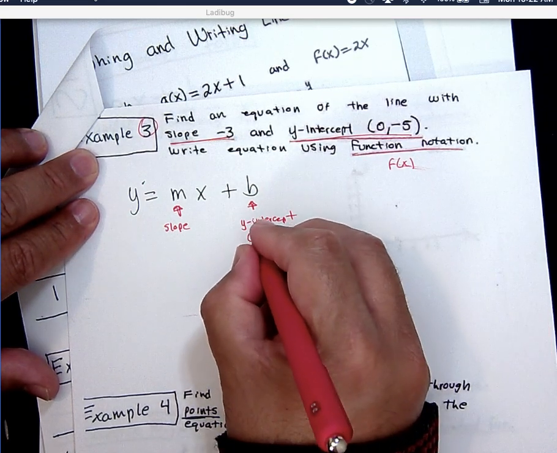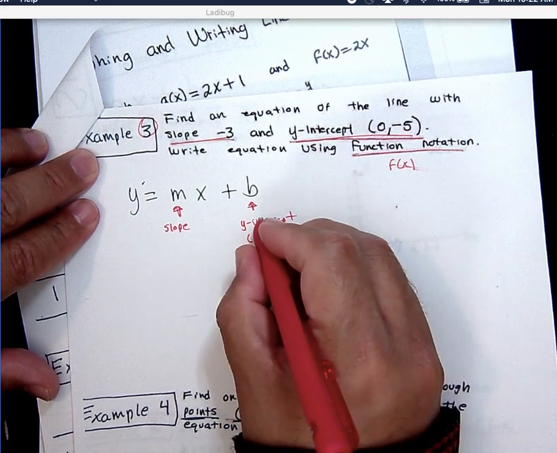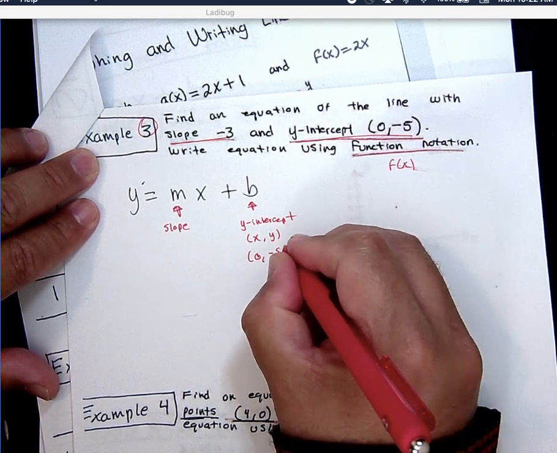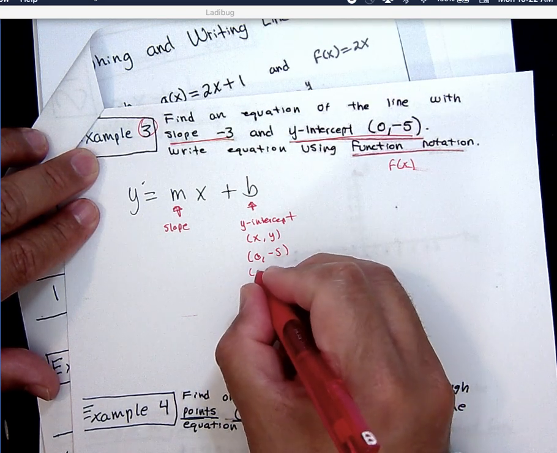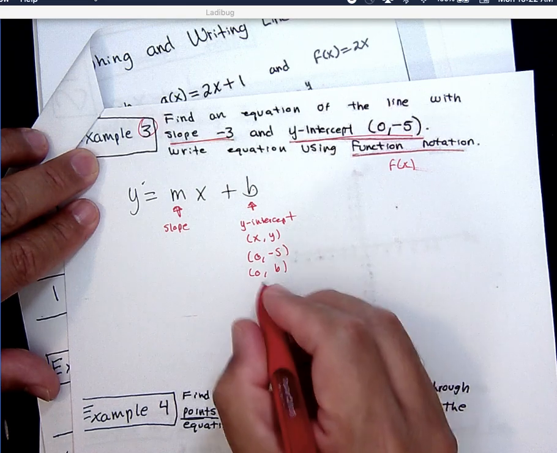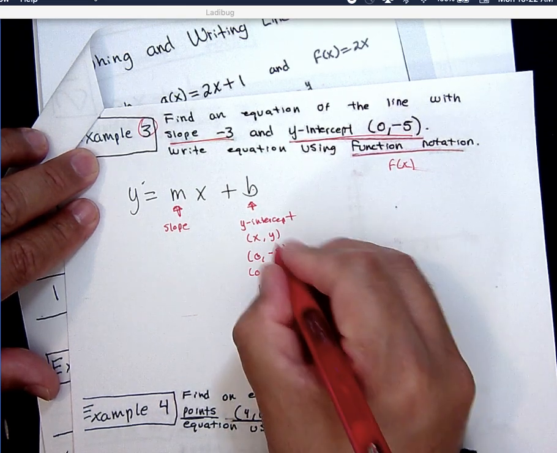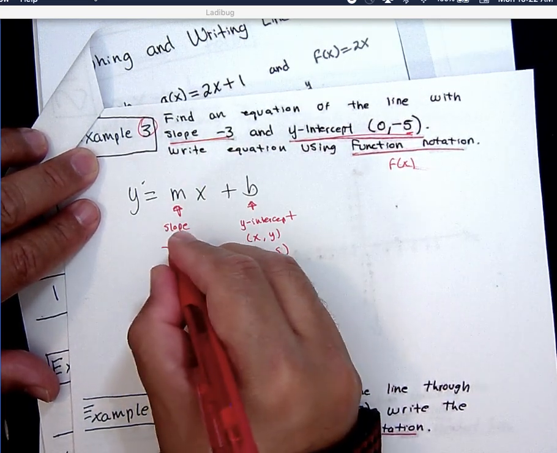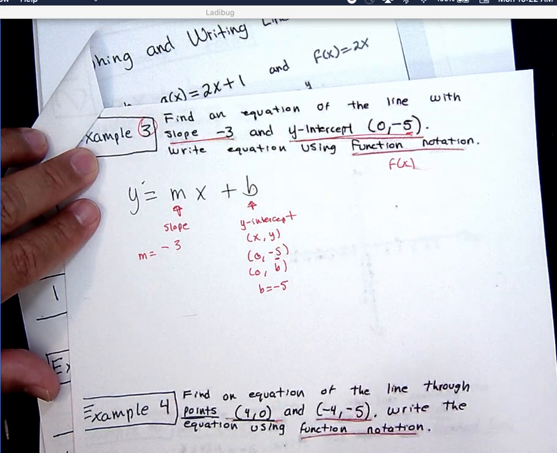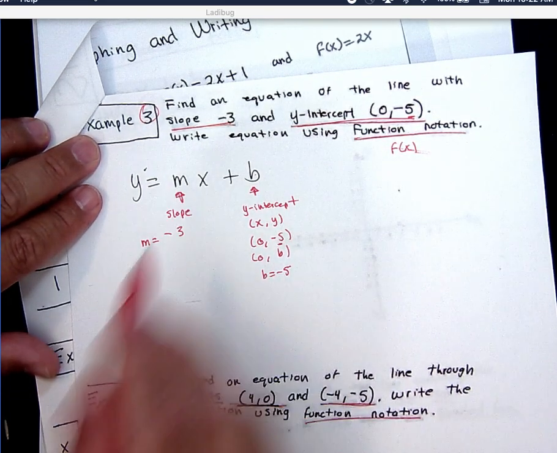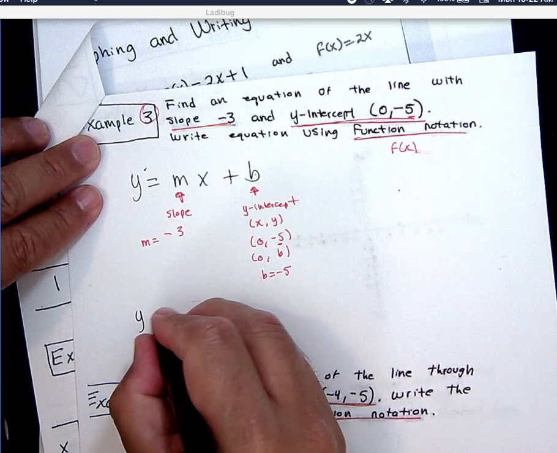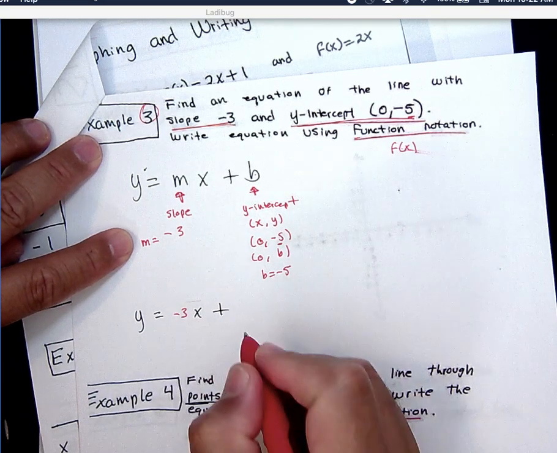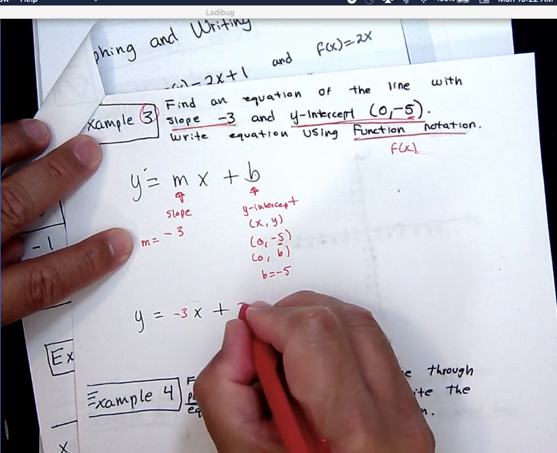The y-intercept is x, y with x at 0, and then the -5. So you know this is (0, b), so b is -5, which is that number right here. For slope, it's just given to you as -3. So now you have to substitute: y equals -3, the slope, times x, plus -5.